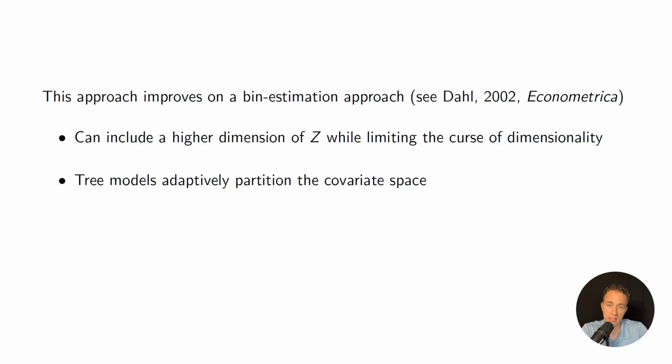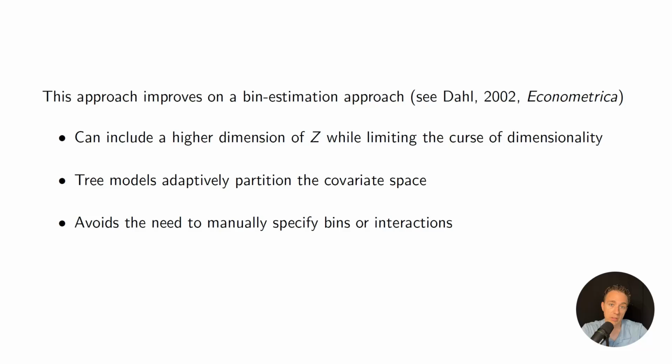And so, because there's this adaptive partitioning, they're going to merge neighboring cells to make sure that there's not a small cell size from the curse of dimensionality. The machine learning aspect removes the researcher's requirement to pre-specify the rules for grouping these different bins.